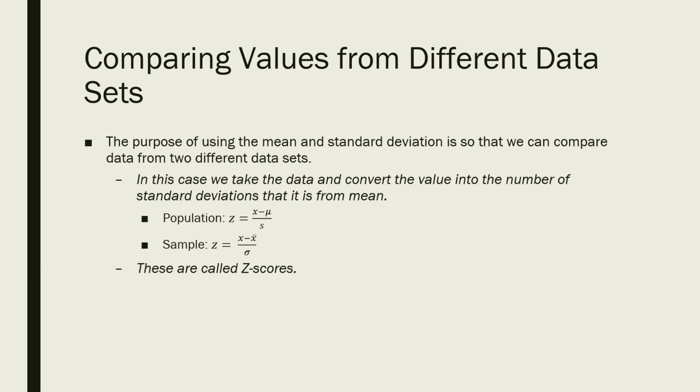So it's x minus x bar divided by s. In either case, we're taking a data point x, subtracting the mean from it, and then dividing by the standard deviation. Okay? Now, we will understand why these are called z-scores later on, as we will use these throughout the rest of the semester after we go through probability.